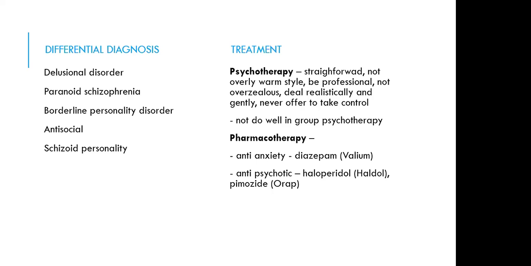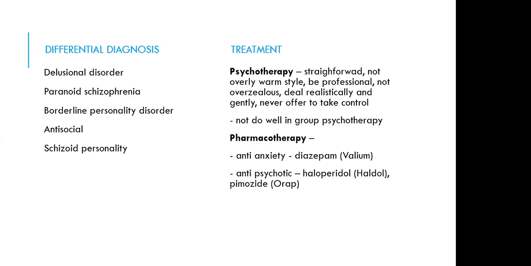Next is antisocial, where the paranoid doesn't have a history of antisocial behavior, which my colleagues will discuss after this. And for schizoid personality, it is a withdrawn and aloof behavior, so it doesn't have paranoid ideation.